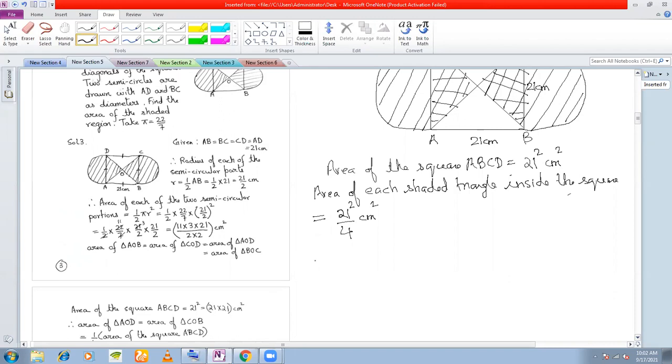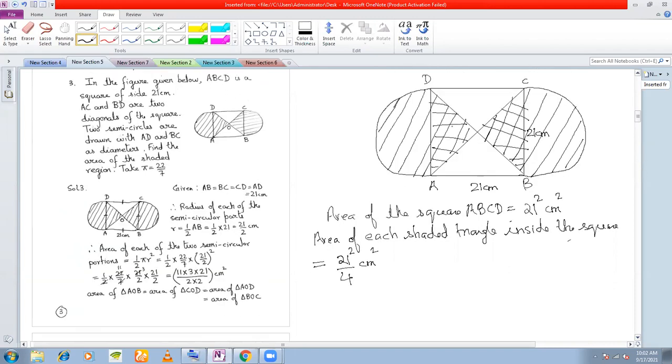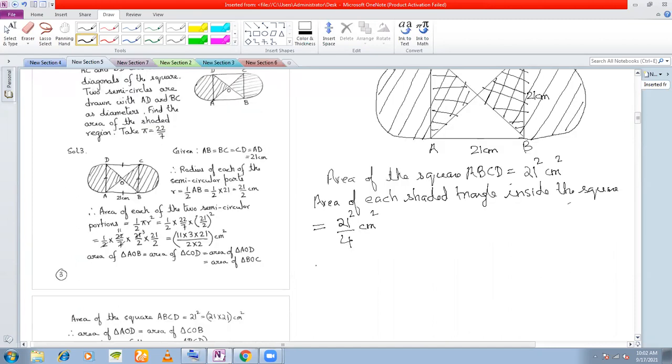Okay. So therefore, what is the area of the two triangles inside the square? If each triangle has area 21 square by 4, what is the area of the two triangles? Area of the two shaded triangles inside the square ABCD. Area of one triangle is this.